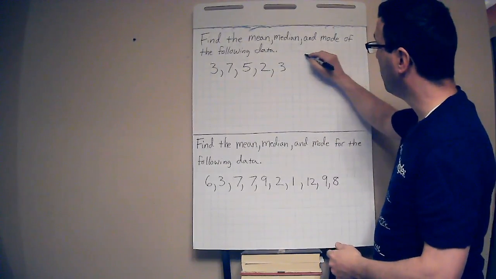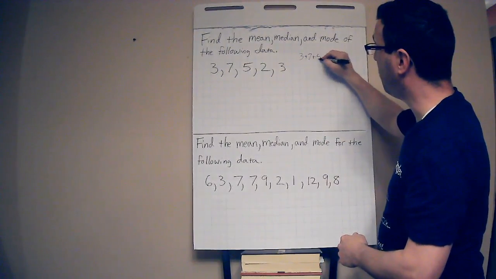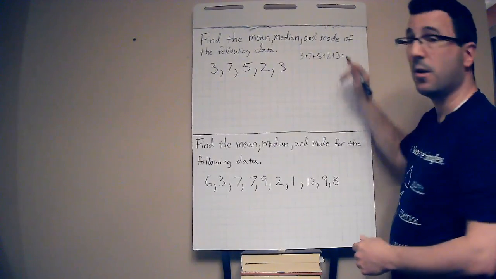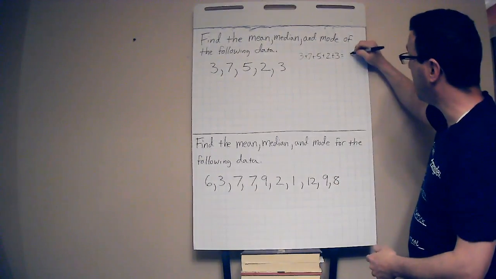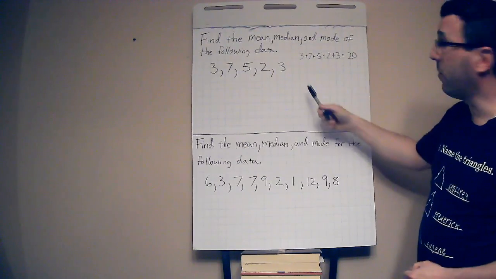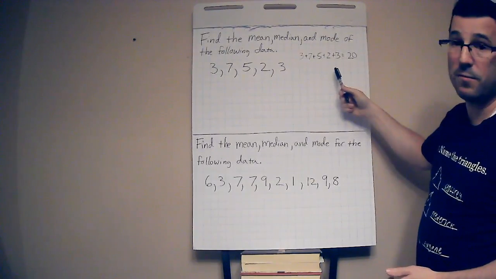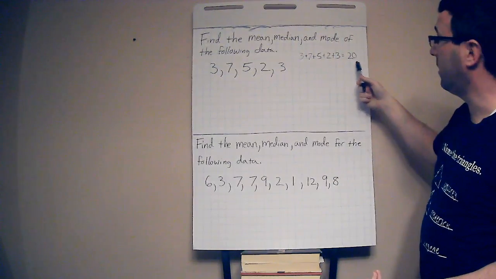So we have 3 plus 7 plus 5 plus 2 plus 3. Add that all together, you go in your calculator, we get that this adds up to 20. If you're wondering, 3 plus 7, that's 10. 2 plus 3 is 5. 5 plus another 5 is 10. 10 plus 10, that gives us 20.